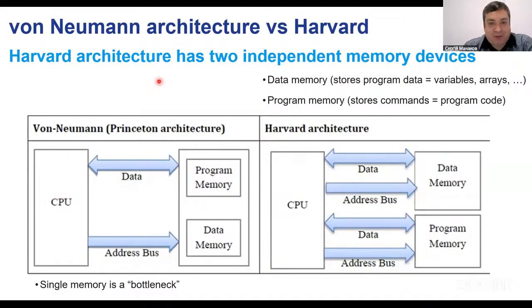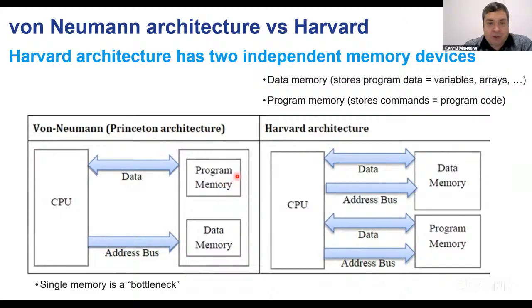And now let's consider two basic computer architectures, called von Neumann and Harvard architectures. The simple difference: von Neumann architecture, or Princeton architecture, uses a single memory for storing data and commands.